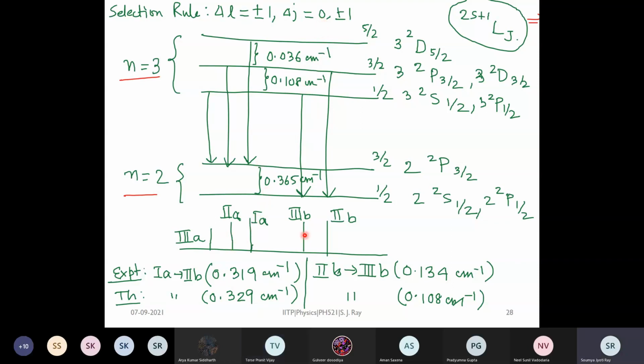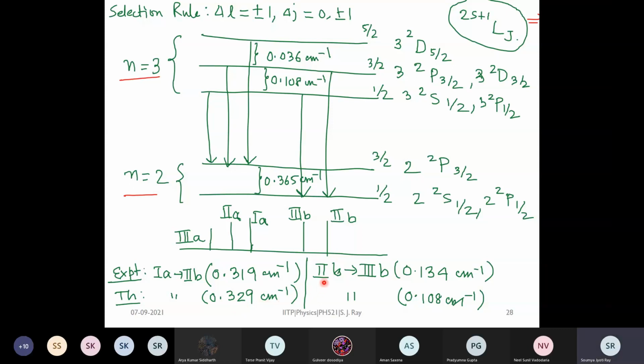So here are a few lines which I have drawn already. Now, experimentally, what was observed is the difference of the delta T, that means the term shift. The term shift between 1A and 2B has experimentally been measured to be 0.319 centimeter inverse, while the theoretically calculated value is 0.329 centimeter inverse.